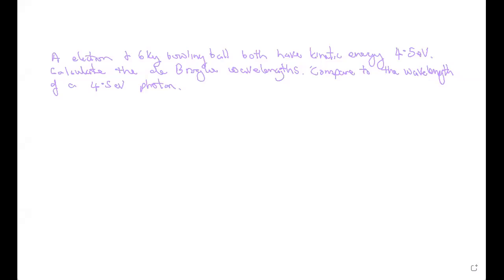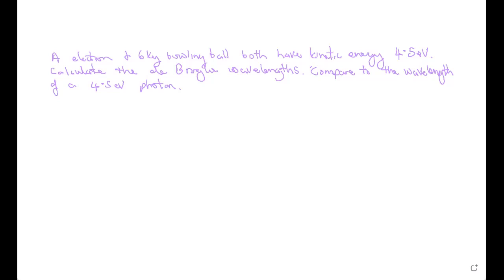Wanted to work a problem that involves the de Broglie wavelength of matter waves. We first discovered that light waves also exhibit particle-like properties. We've now found that matter particles also exhibit wave-like properties.